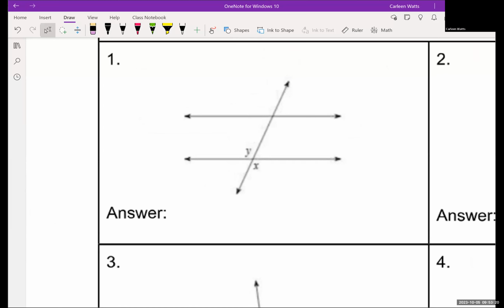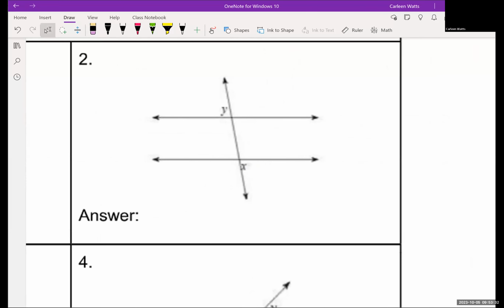Anyone else? All right. Vertical. Notice they're on the same line. Number 2. Very good. Anyone else? Go ahead and direct message so everyone doesn't see the answer.